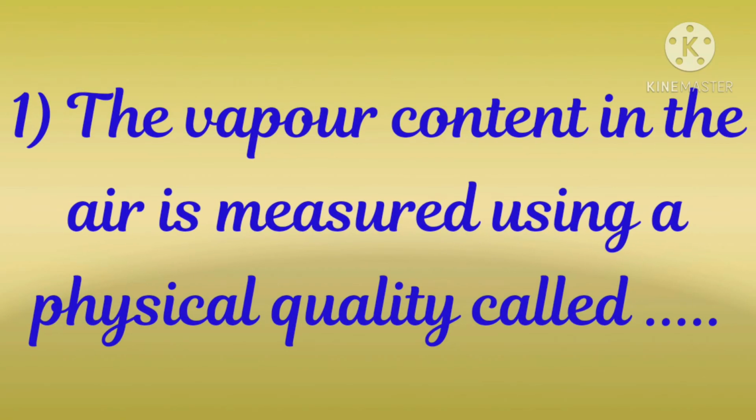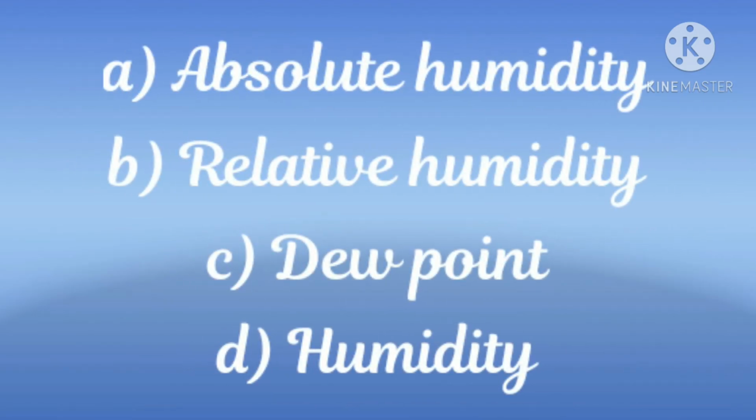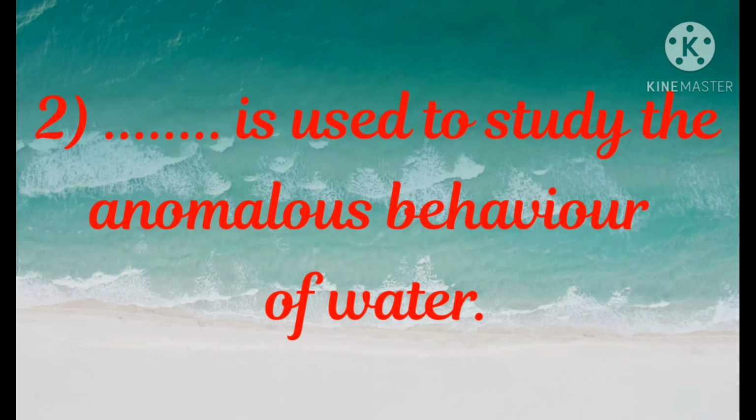1. The vapor content in the air is measured using a physical quantity called dash. The options are A. Absolute humidity, B. Relative humidity, C. Dew point and D. Humidity. The correct answer is option A. Absolute humidity. 2.